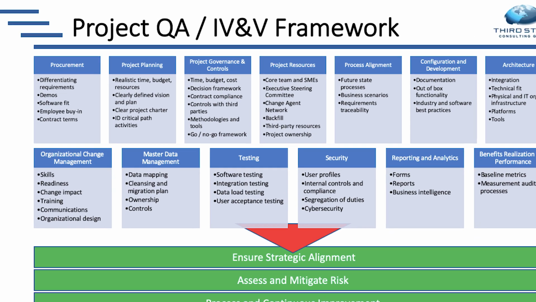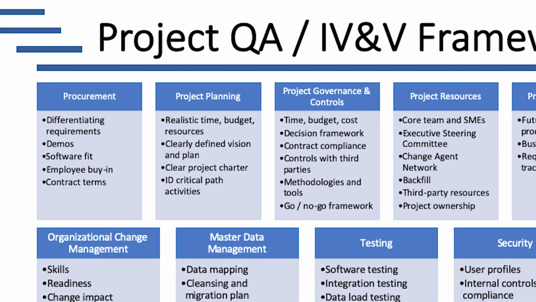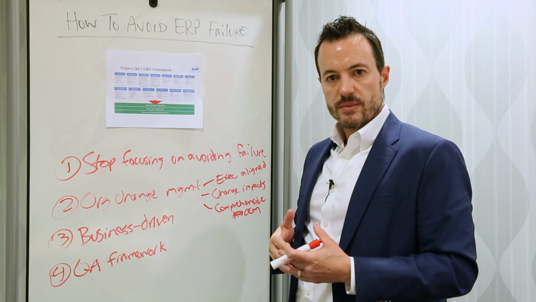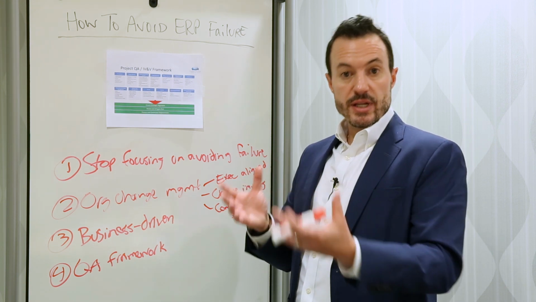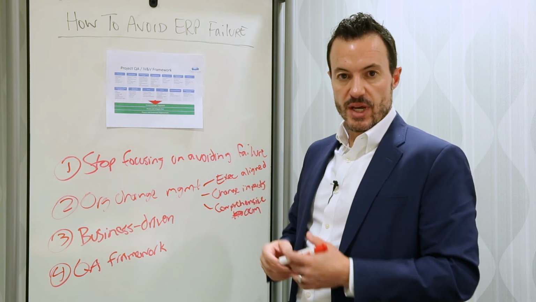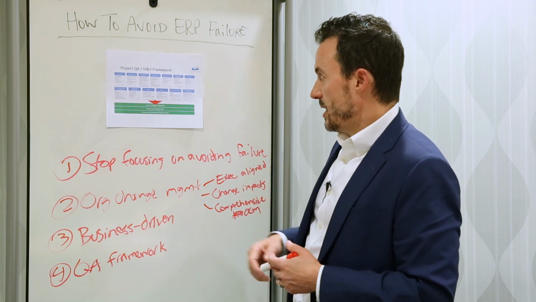So you'll see a number of things here that range from the procurement process up front, the first box you see, which is, are we complying to our contracts? Do we have the right amount of software? Are we negotiating the right rates for software licenses and related services? So the whole procurement and compliance with procurement is very important.